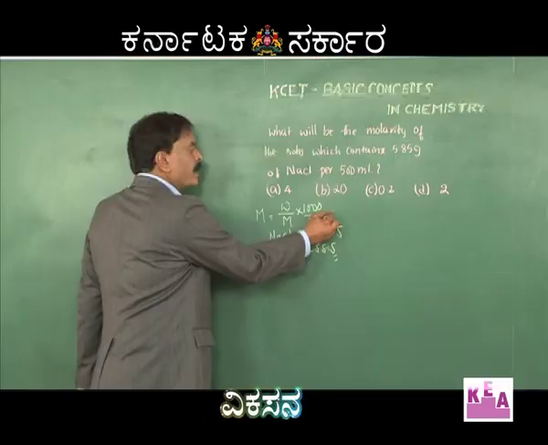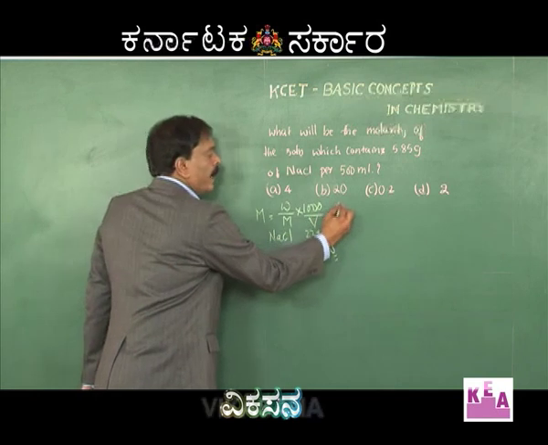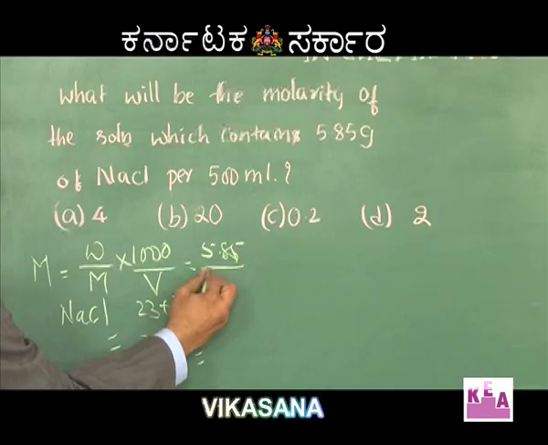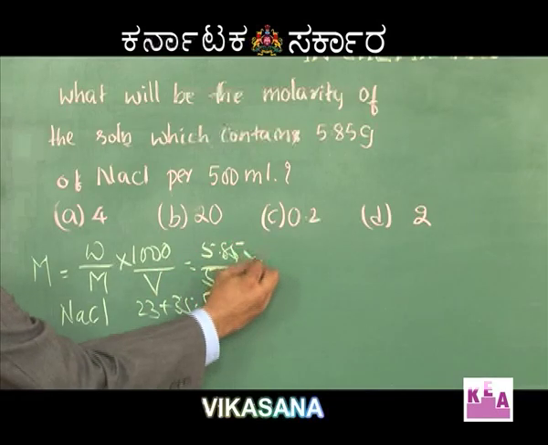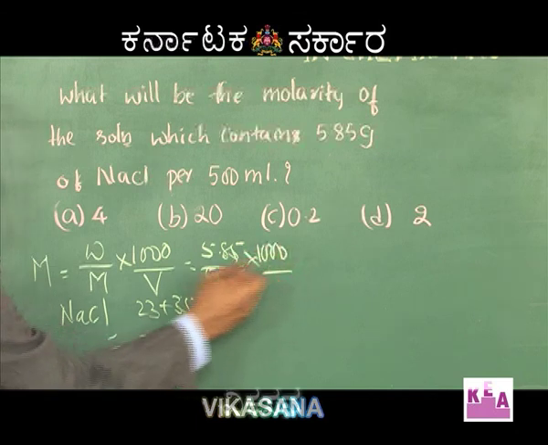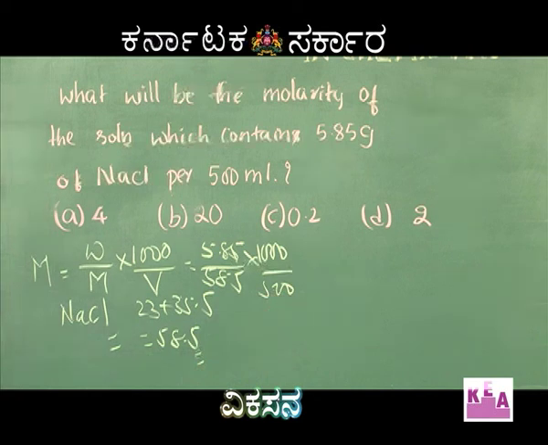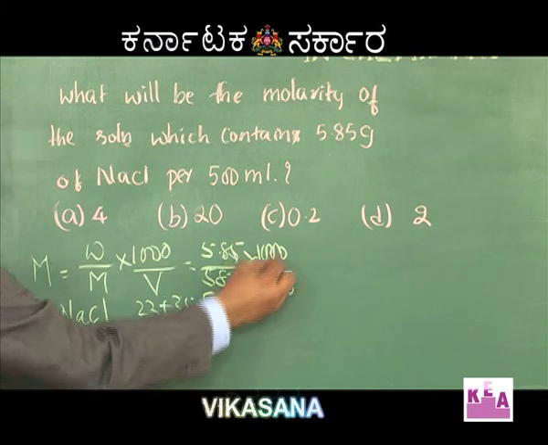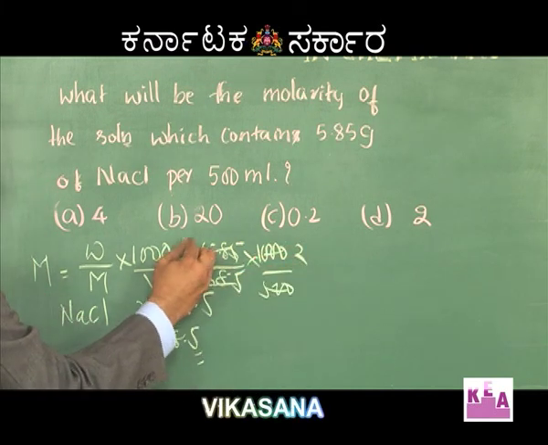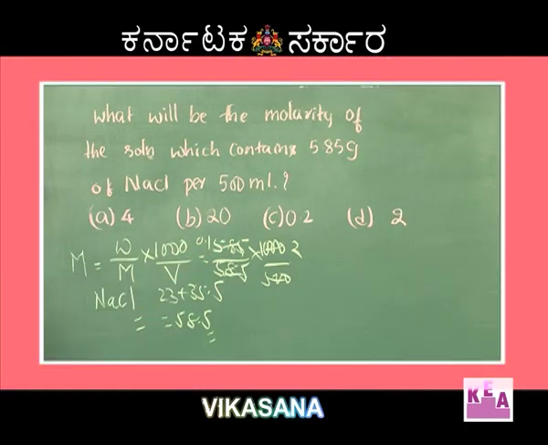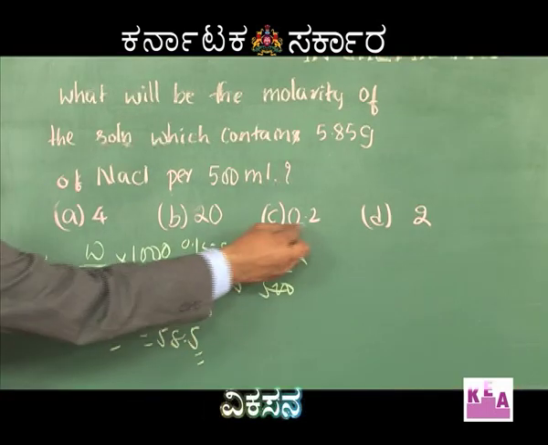Therefore, the molarity of the solution will be equal to 5.85 divided by 58.5 into 1000 divided by 500. Now, this turns out to be 0.1 into 2. Therefore, the right answer for this question is 0.2.